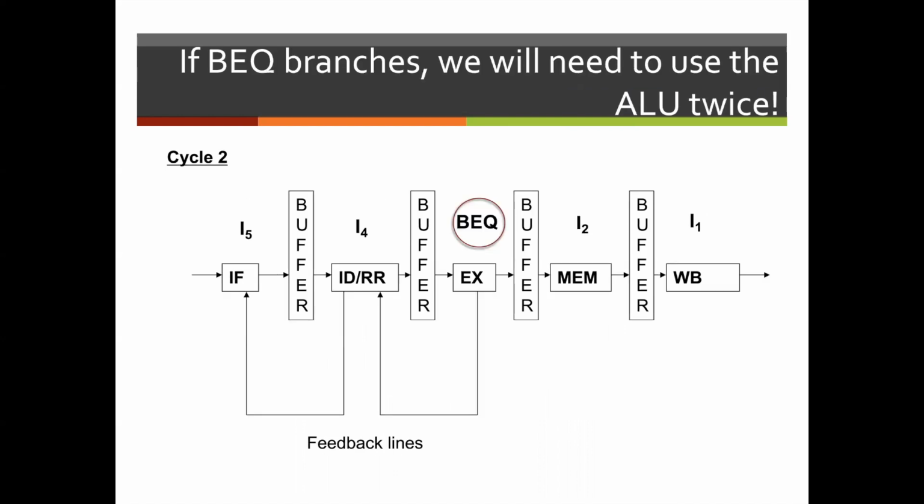At this point, we have our branch if equal instruction, and in order to execute, it's going to need to use our ALU twice. So what this means is that we can tell the first two stages to hold off, or wait, until we have continued the process.